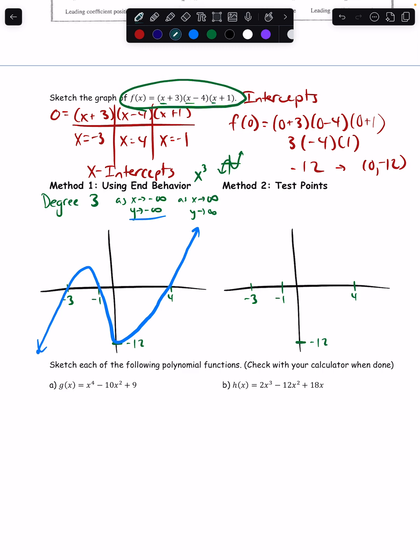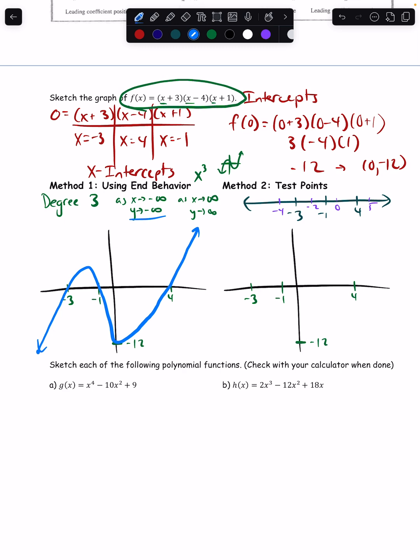And for method 2, we could also test points. You don't have to do it this way. I like the other way; it's a lot easier once you get down to the end behavior. But it's kind of what we did for the inequalities. So we put our x-intercepts here, and you want to test points, maybe -4, -2, 0, and 5, and plug those into our equation.